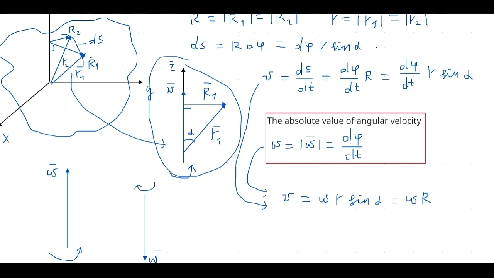We have the direction of rotation that is shown here. According to this, we can show the vector v.